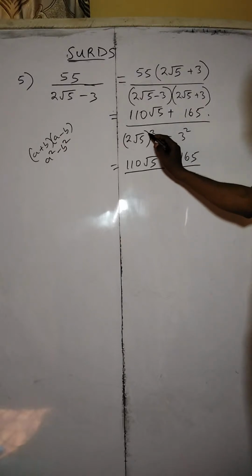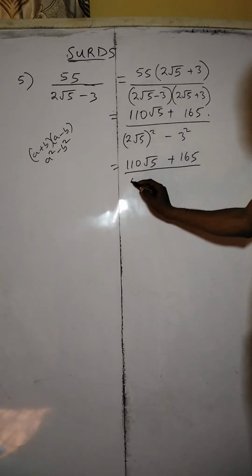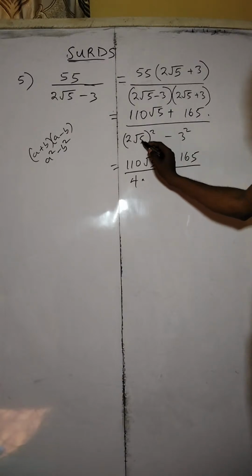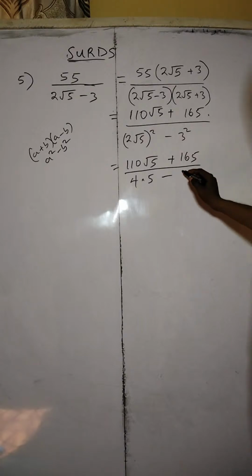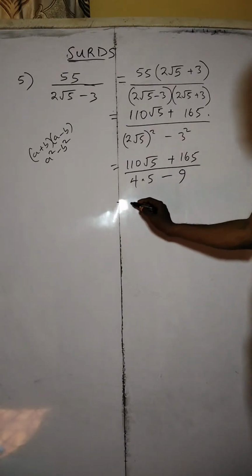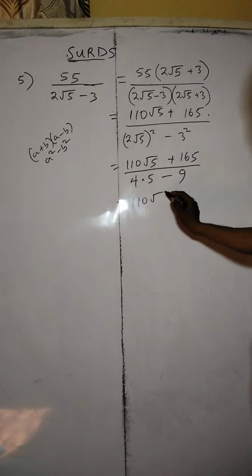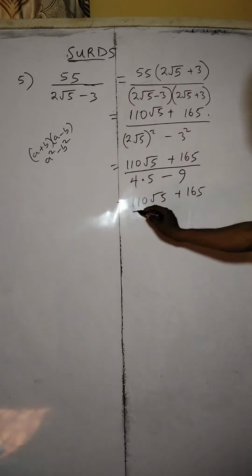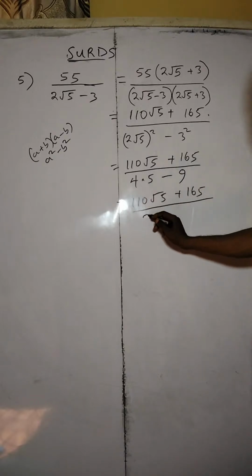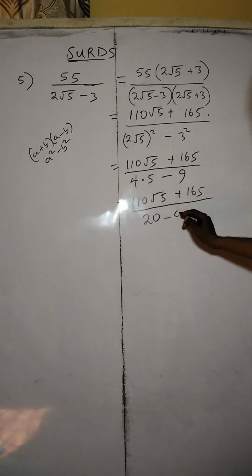Over here, the square affects 2, and 2 squared is 4, and it affects root 5 too. Root 5 squared is 5, then minus 3 squared, that gives us 9. So here what we have becomes 110 root 5 plus 165, which is divided by 4 times 5, which becomes 20, minus 9.